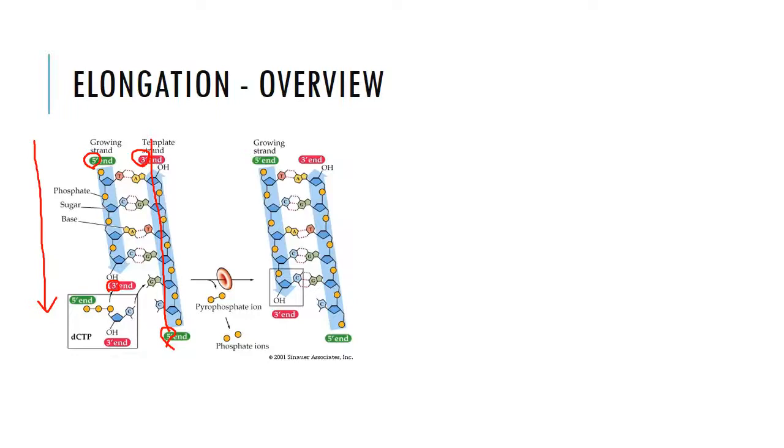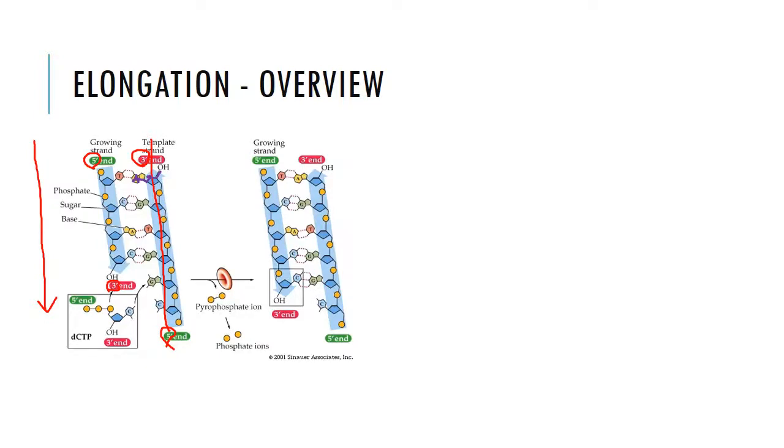molecule, or we look at it from the perspective of which carbon we're looking at on the sugar molecule. So if we look at our template strand here, we can see we've got carbon number 1 attached to this adenine. So carbon number 1 is attached to the nitrogenous base. Then we've got carbon 2 right here, and because this is DNA, there is no oxygen group on there.